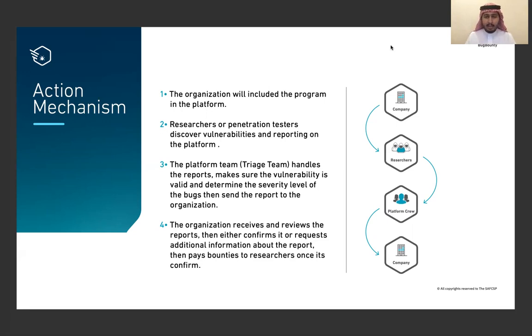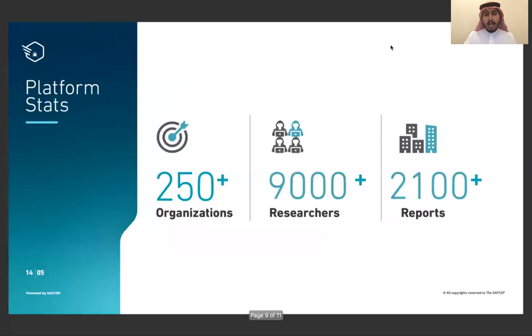After that, the organization, the client, will receive a valid and accurate report, and they can use it to fix these bugs. They can also interact with the researchers and the evaluation team to understand how to close these kinds of vulnerabilities. Since one year ago, there has been huge success with very amazing partners through this journey.